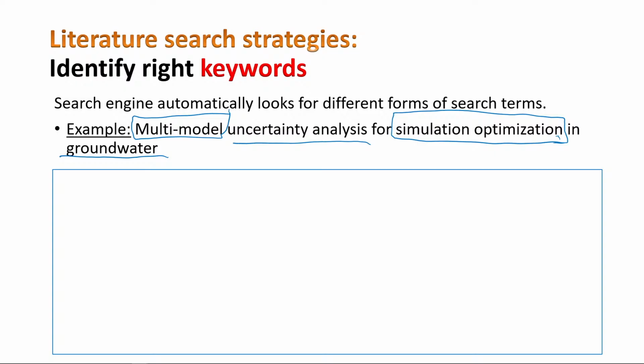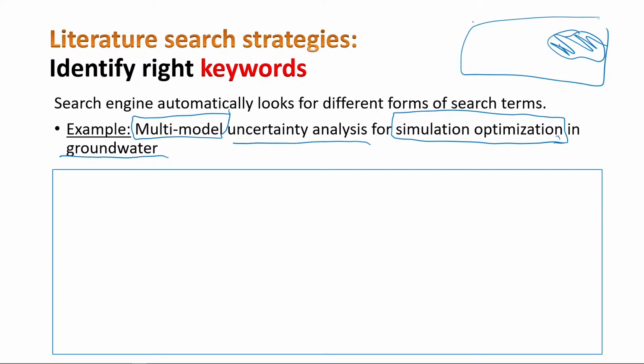So let me explain this to you so maybe you'll be able to follow. What is simulation optimization? Simulation optimization is that you have a model, and on top of this model, you put an optimization algorithm to optimize your strategy, to optimize your design, for example. So let's say I have some contaminant plume here. I will make a model that will simulate the flow of this contaminant plume.